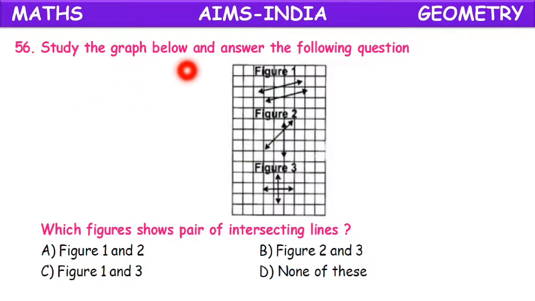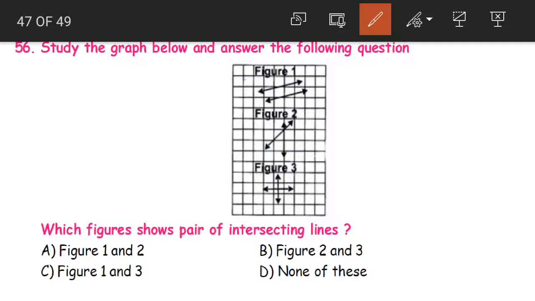Question 56. Study the graph given below and answer the following question. Which figure shows a pair of intersecting lines? We have figures 1, 2 and 3 as we have discussed earlier. Intersecting lines are those which cross their paths. So from the given 3 figures, which are crossing their paths? 2 and 3.